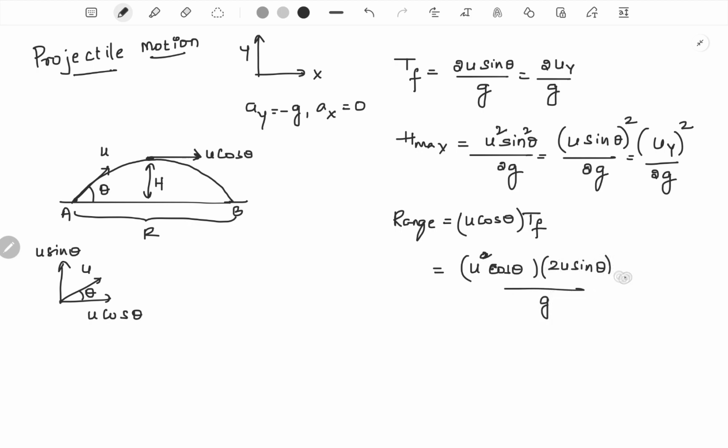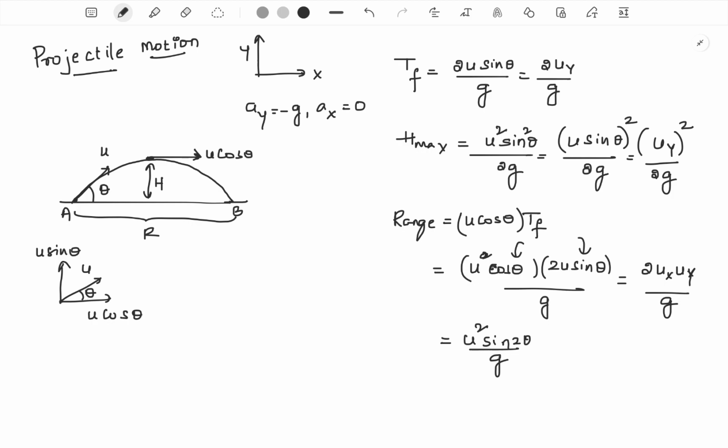So we can basically write it two ways: 2 into ux into uy by g. Ux is u cos theta, uy is u sin theta. U I'm basically using for initial velocity. Ux and uy are initial x component of velocity and initial y component of velocity. Or we can also write it as u square sine 2 theta by g. So this is the range of that particular projectile. Okay.